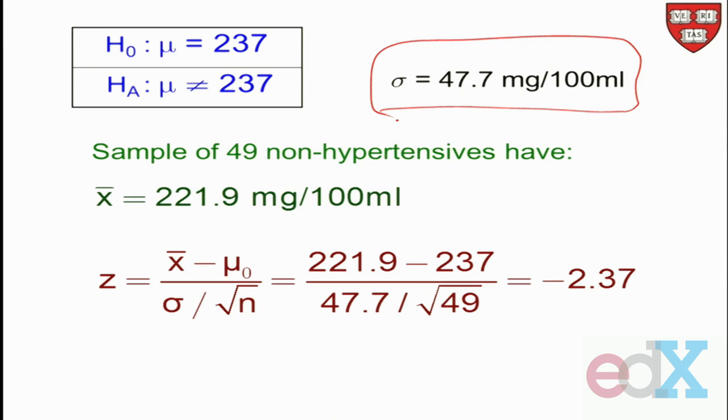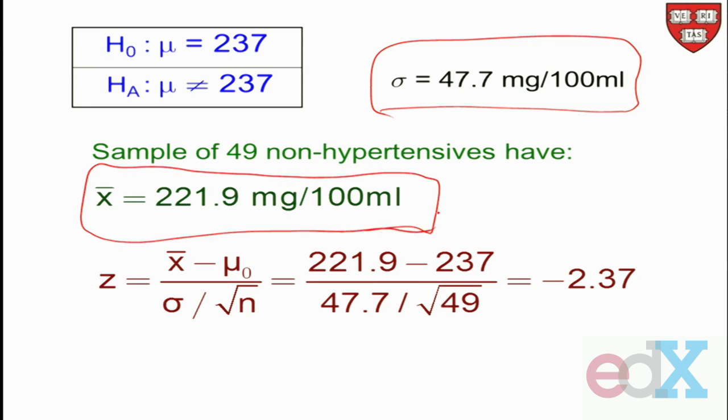And what I got was that the sample mean for these non-hypertensives was 221.9. So the question is, can we treat this as a sample of 49 people from such a population? Namely, mean 237, standard deviation 47.7.